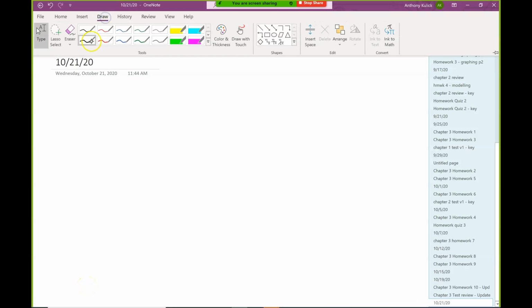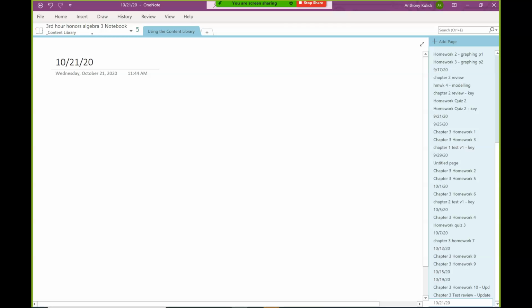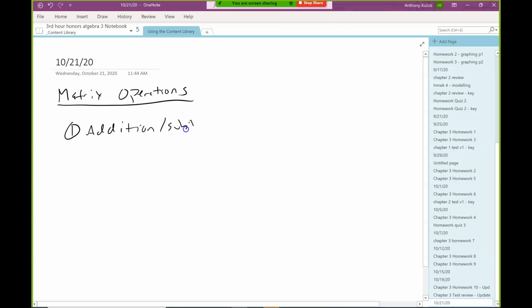So, just to summarize here, so far the matrix operations we've talked about were addition and subtraction.